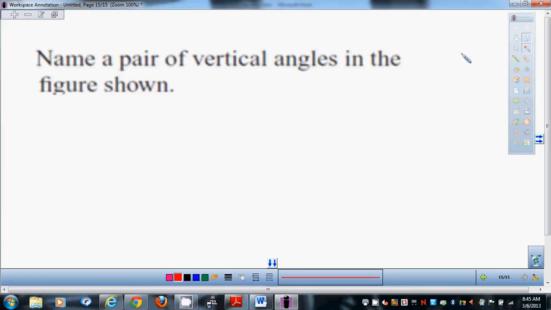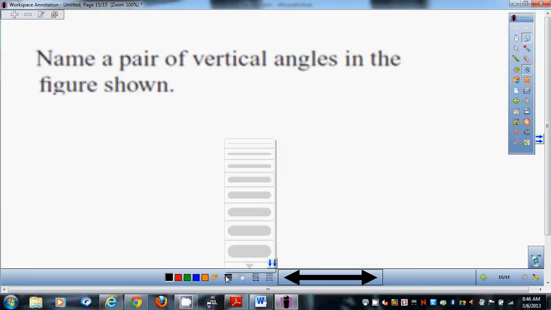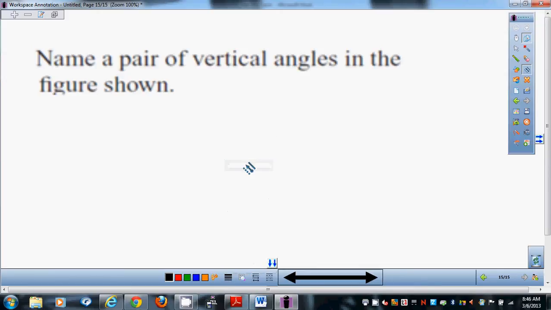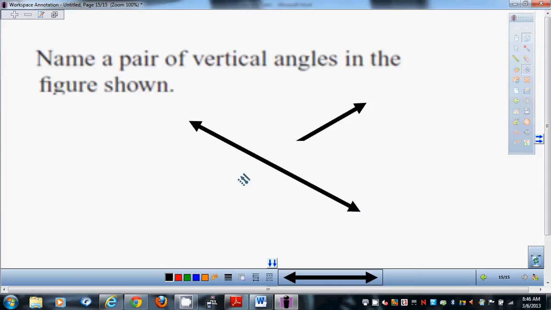At minimum, it could have two lines intersecting, and then it might just randomly put some other line in here just to throw you off. So, let me label all these. The middle point will be point A, and then B, C, D, E, F. Where are some vertical angles in this picture? There's only actually one pair of vertical angles in this picture.